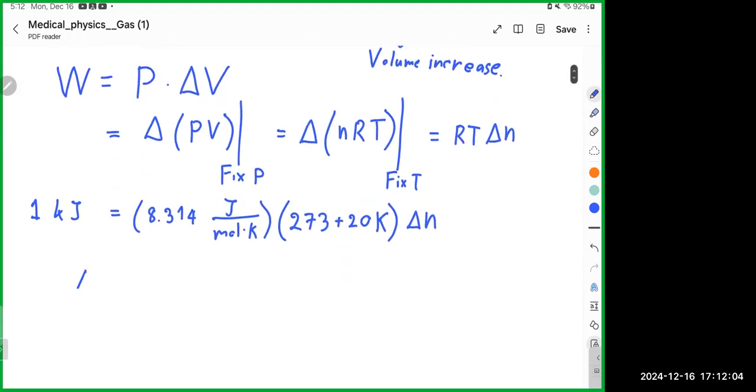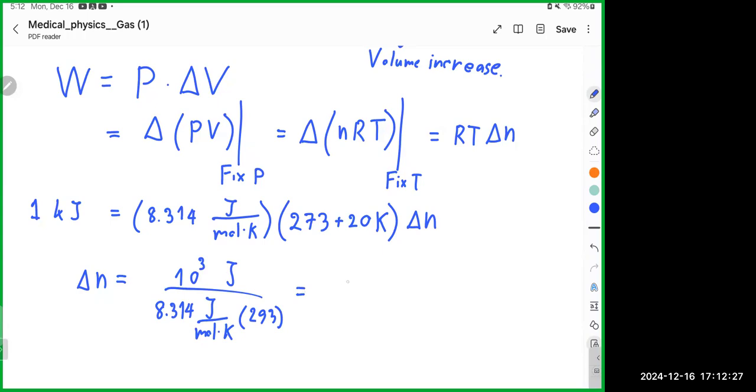So this would be 1 kilojoule divided by 8.314 joules per mole Kelvin and 293. So the rest is for your calculator, and you will get around 0.410 moles. That is the final answer for this question.